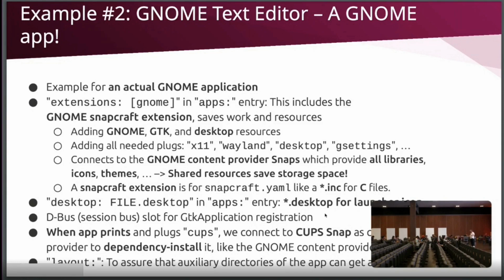The CUPS snap is a CUPS daemon version which is protected in itself, which has a so-called snap mediation, and allows this way, if it is accessed by the plug CUPS, that one can only print, list printers, list jobs, but one cannot modify the print queue or see jobs which were already sent.